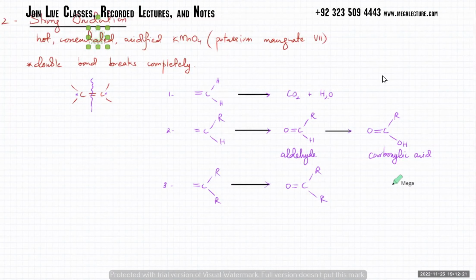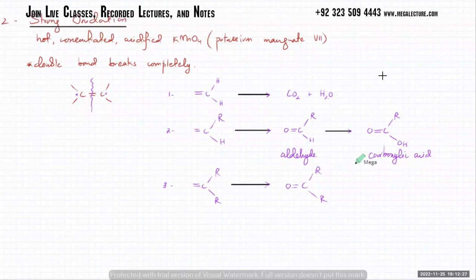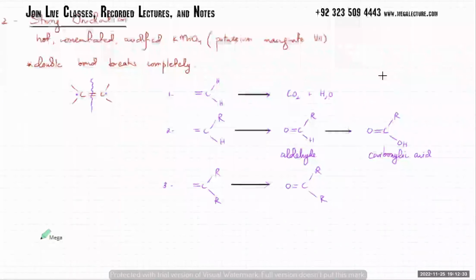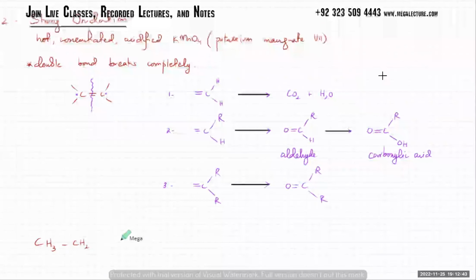So let me explain how those three scenarios would work. So I'll give you an example. Let's have this molecule, and it's got a carbon chain.